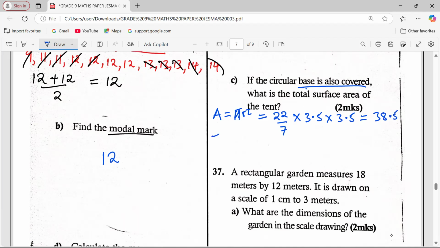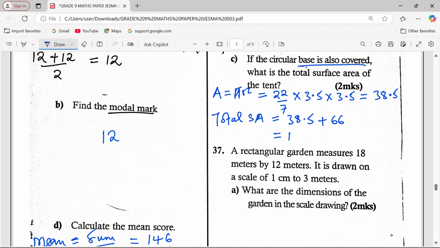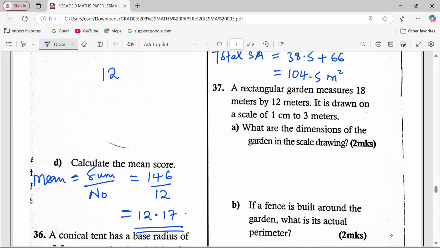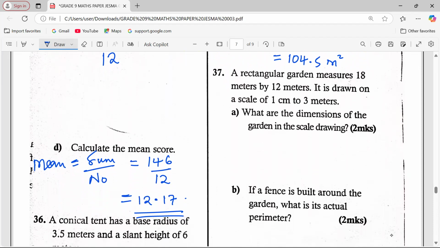So that we may talk of total surface area, which will be 38.5 plus 66, which is the area of the curved surface, 104.5 square meters. So that is the total surface area.